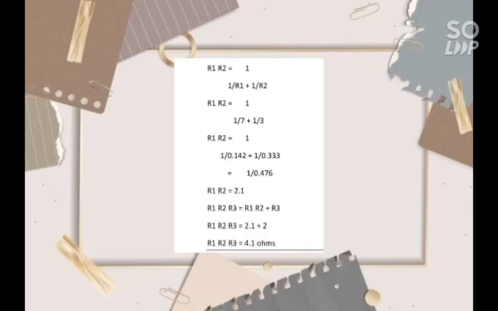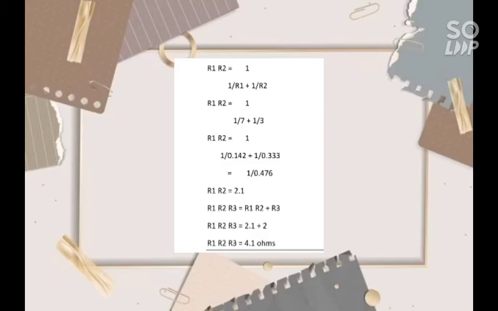But we're just going to get the first 3 numbers. Let us now add them: 0.142 plus 0.333 will be 0.476. Then after that, we will again divide 1 by 0.476, and the total is 2.1.